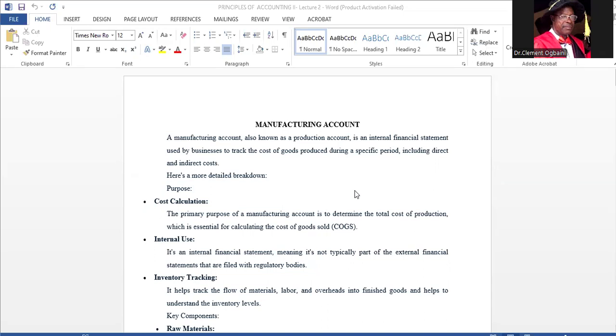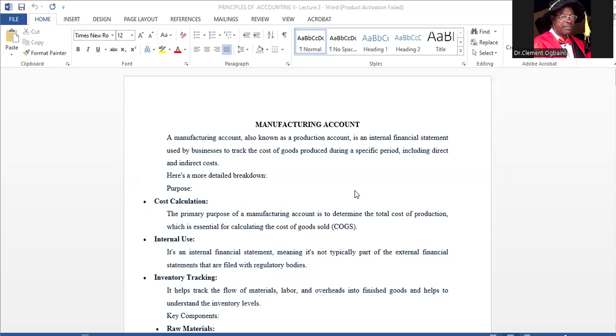So when we are talking of manufacturing accounting, it is meant for those companies that are into manufacturing of goods, and they have to include the manufacturing cost before they can enter into trading profit and loss account.